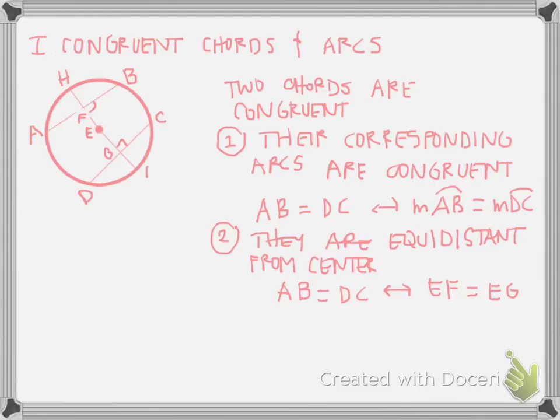Okay, if a diameter or radius is perpendicular to a chord, then it's going to bisect the chord and its arc. I'm going to write it over here.